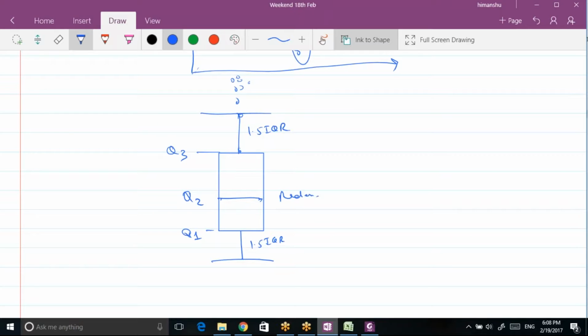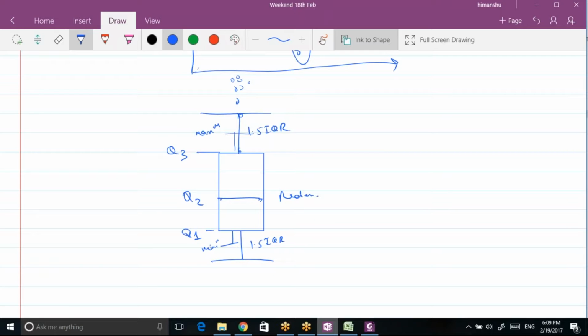I will only go up to the maximum value of the data point. If it is more, it will be shown as an outlier, no? If it is not, then you have to put it as the maximum. Got it.